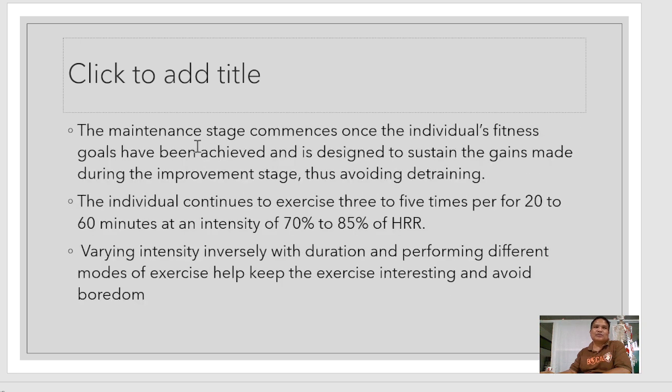The next one will be maintenance. If it is cardiac, it goes phase by phase: phase 1, inpatient; phase 2, ready to go out; phase 3, outpatient; and phase 4, maintenance.